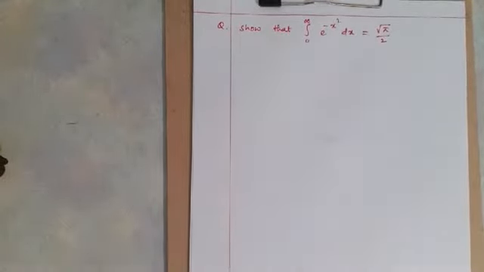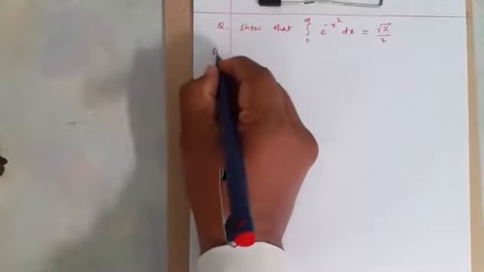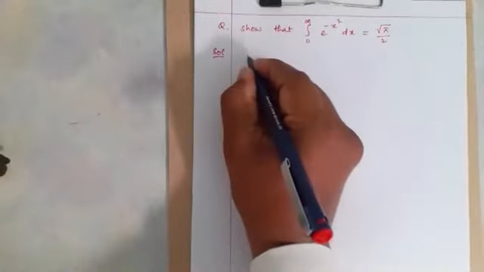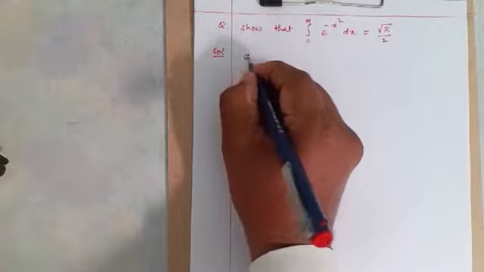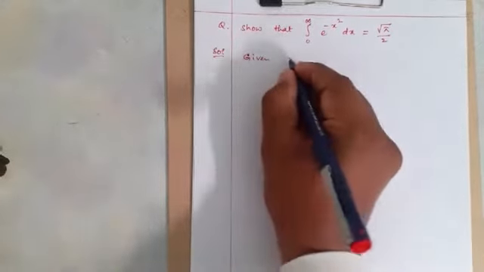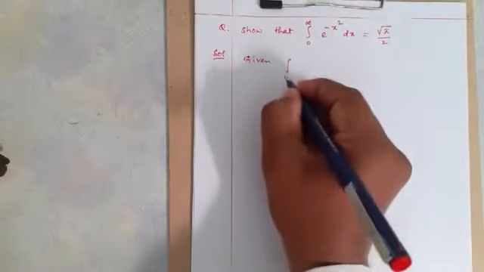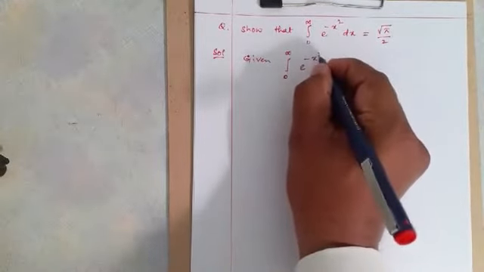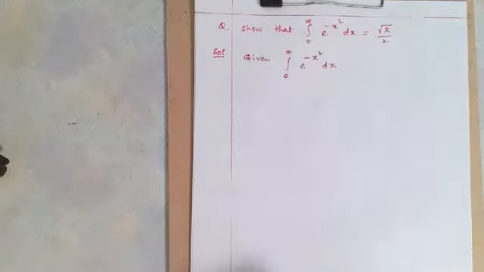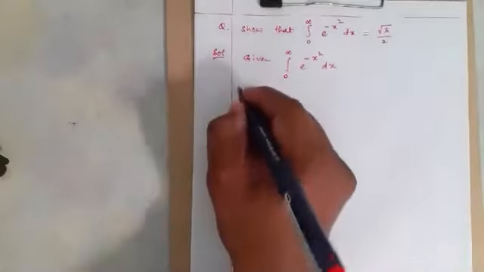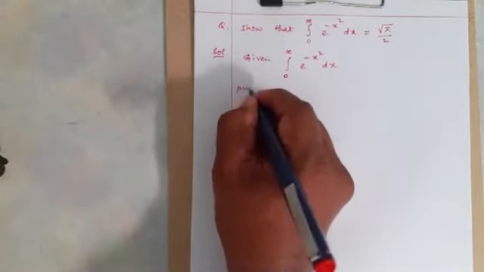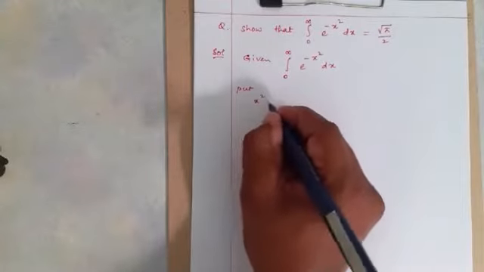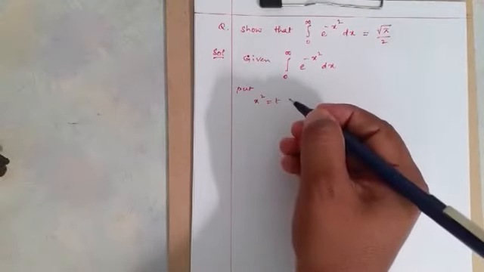For doing this, first we take the given. What is given here? Given is integral 0 to infinity e power minus x square dx. Now here again we have to put x square is equal to t.